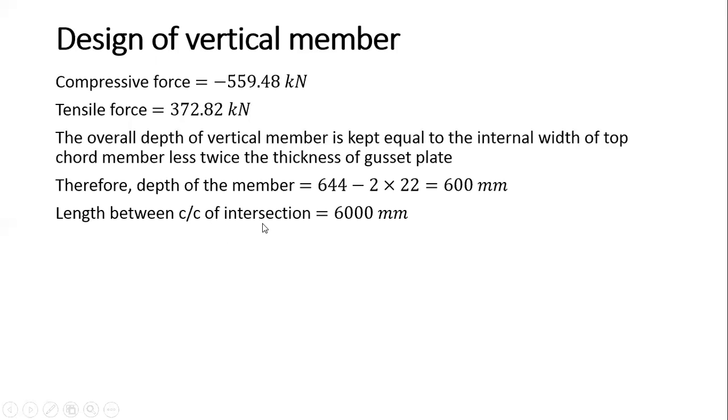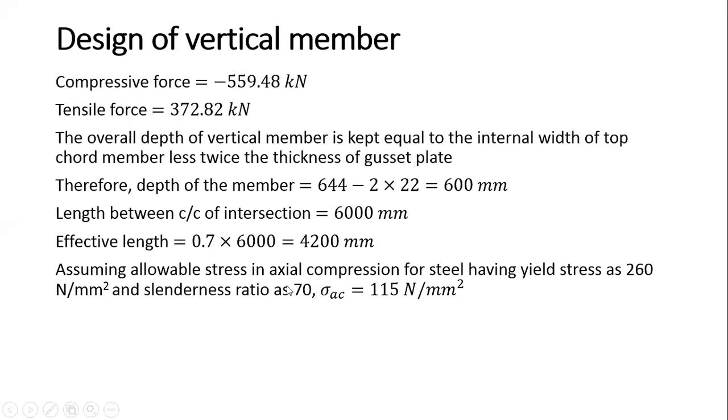Length between center and intersection for vertical member: the depth of truss girder is 6 meter. We have already calculated in the first step in the last lecture. So effective length will be how much? From the IS code, effective length is 0.7 times this length for the vertical and the inclined members. So this is my effective length.